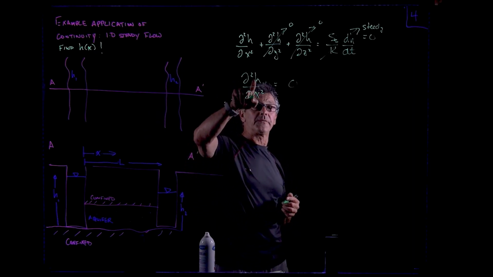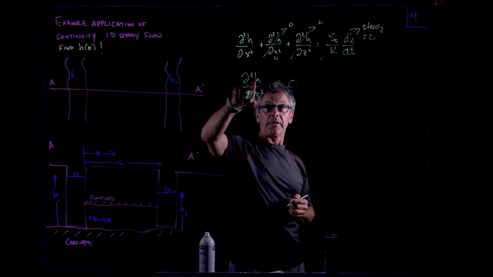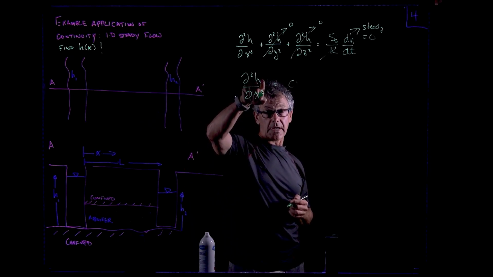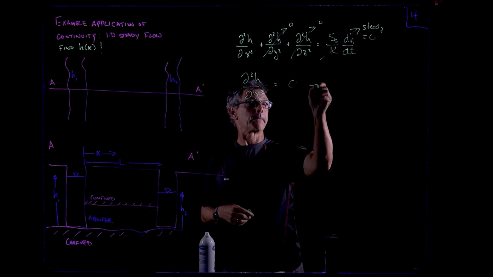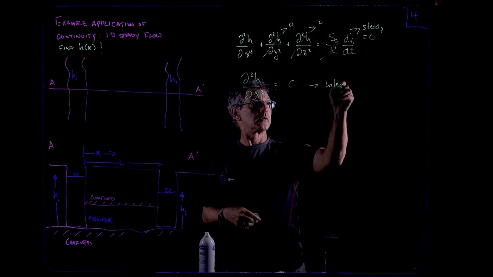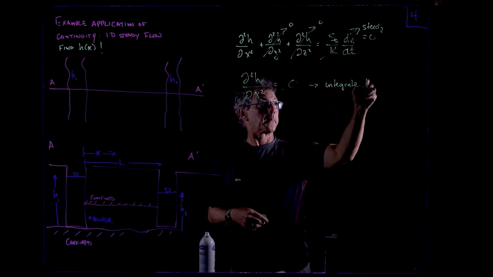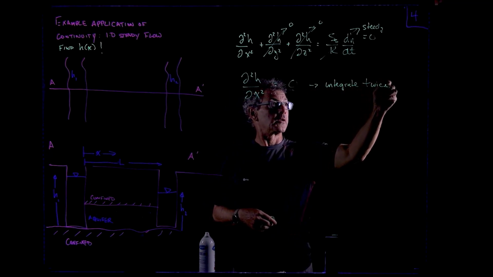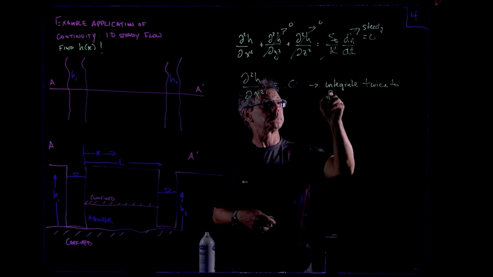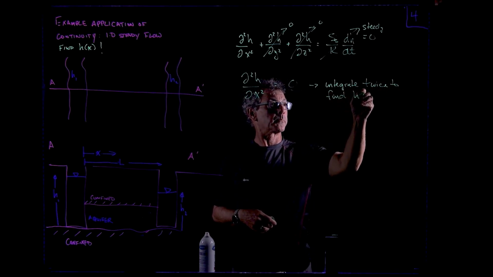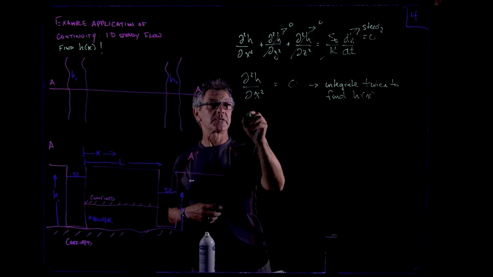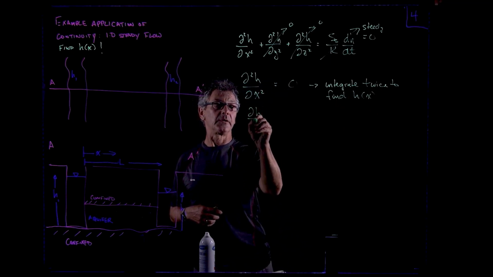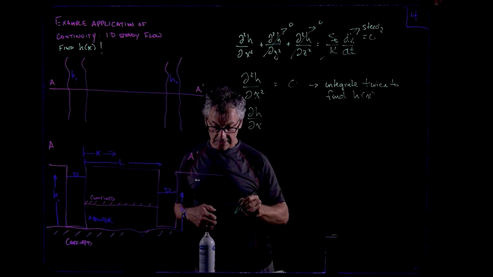So we have the second order derivative, and what we want is h. So how are we going to do that? Well, we need to integrate twice to find h. So if we integrate once, we have dh/dx.